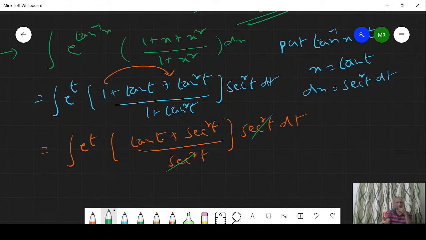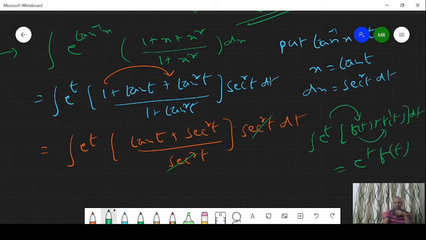In e power t f of t dt, we know the formula. Integral e power t into f of t plus f dash of t dt, the answer will be e power t into f of t, right? Here f of t is tan t, and the derivative of tan t is secant square t.